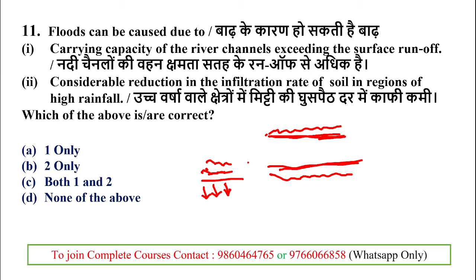So that makes flood. But in the case of surface runoff, it will flow into other parts of the area, and it only carries pollutants into the lakes, rivers, wetlands, or coastal groundwater regions. So that does not make any flood problems. So only statement 2 is right regarding the reason for flood.